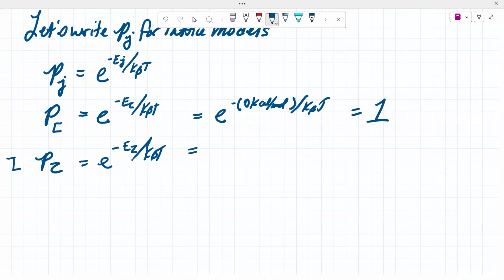Now, what was the amount in this one? This was 3, so e to the negative 3 kcal per mole over k_B T, and notice that they're all going to be over k_B T, so I'm just going to leave it like that.